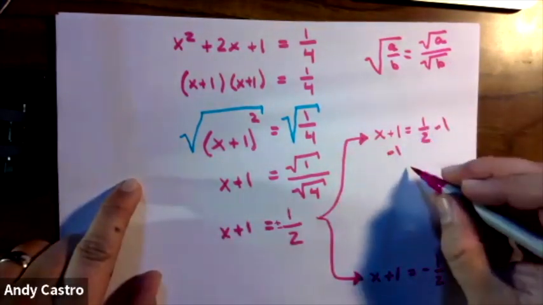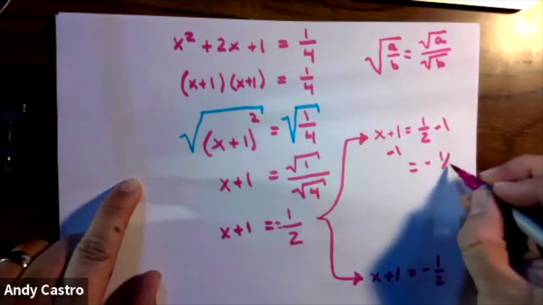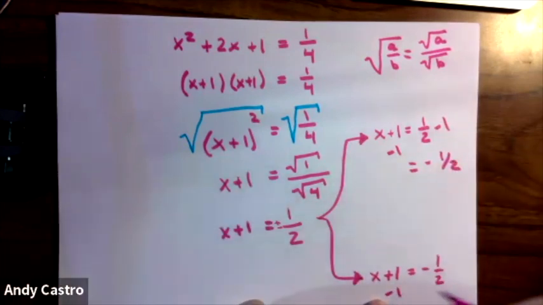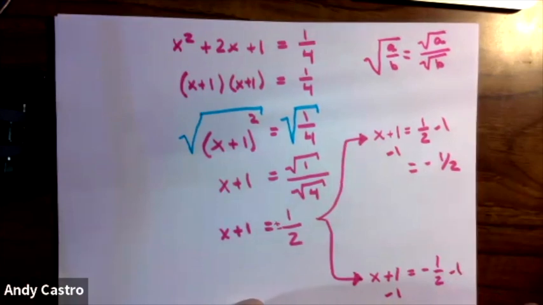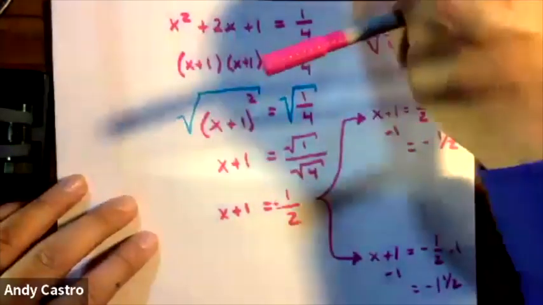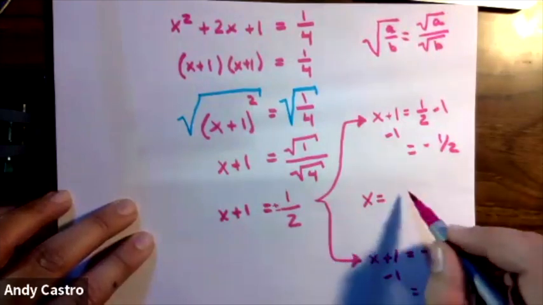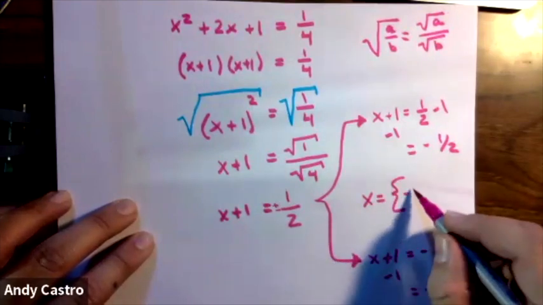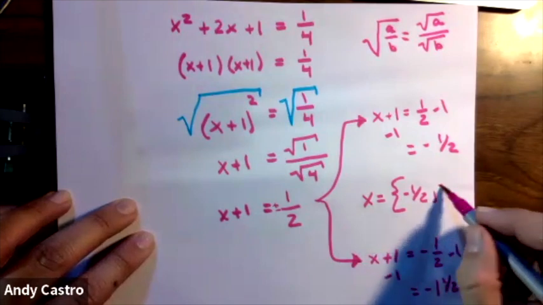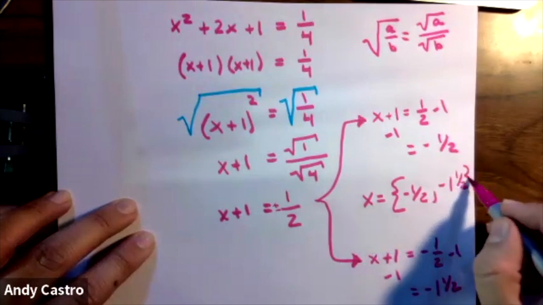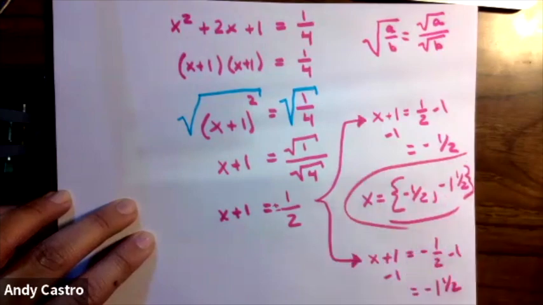Subtract 1 from both sides here, we have negative 1/2. And if I subtract 1 from here, I have negative 3/2 or negative 1/2. So x is equal to negative 1/2 and negative 3/2. Okay.